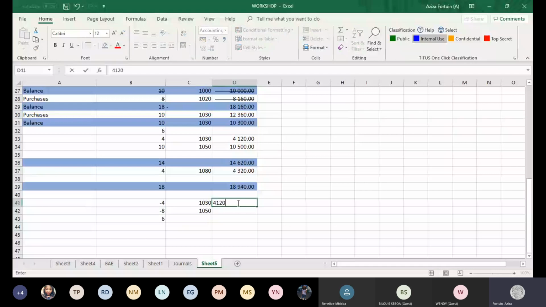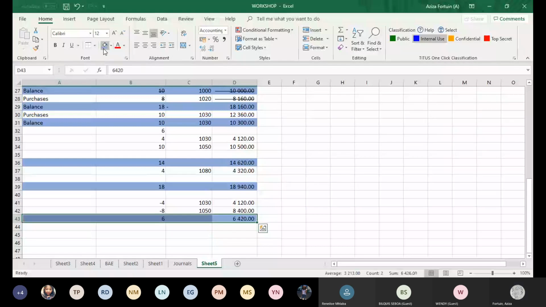So that is 4120, and that is 8,400. So I now have 6. If I subtract 18 minus 4 minus 8, you're supposed to get the 6,420. So this is what my inventory is now valued at. This is not difficult. You have to concentrate and focus all the time on what you're selling.